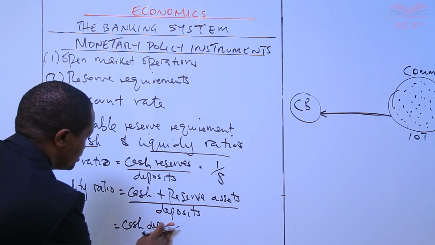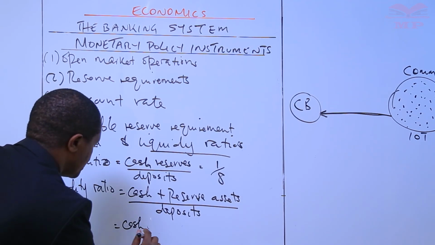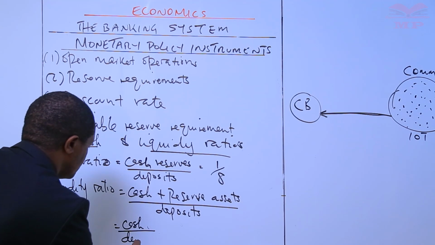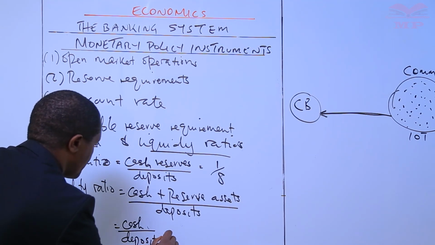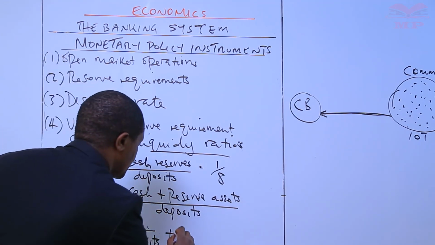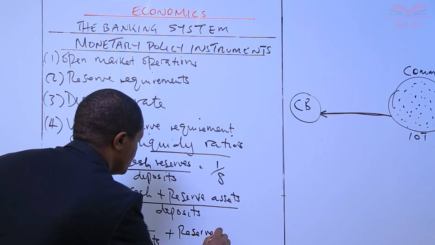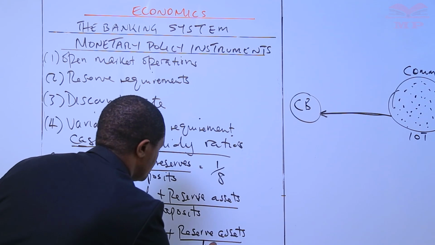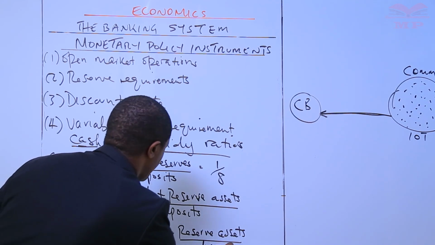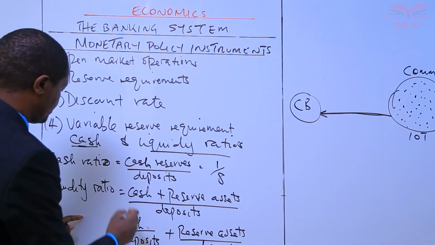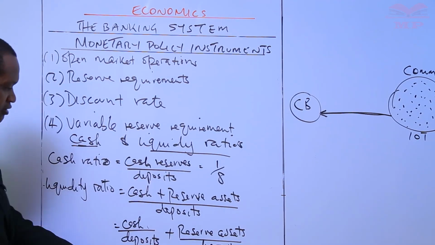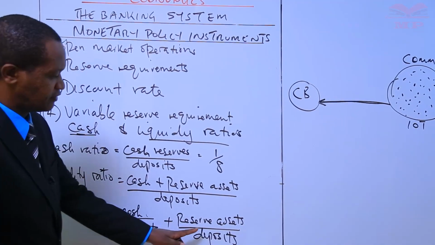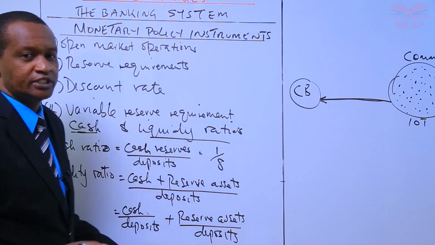This is not cash deposits, but cash over deposits, plus reserve assets over deposits. That is the liquidity ratio. Cash over deposits plus reserve assets over deposits.